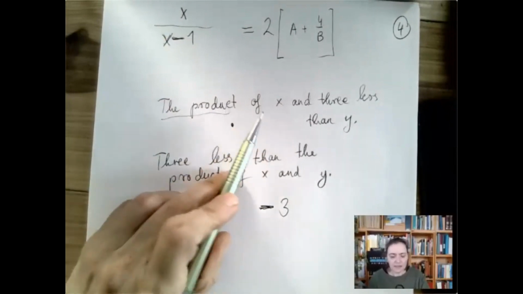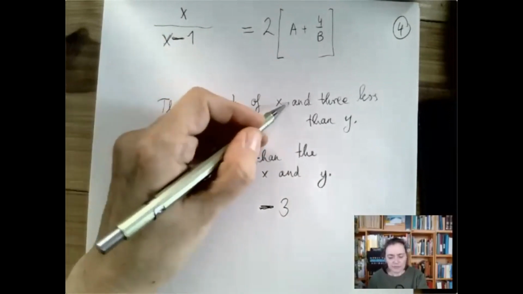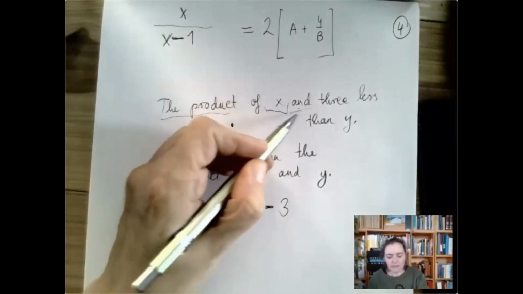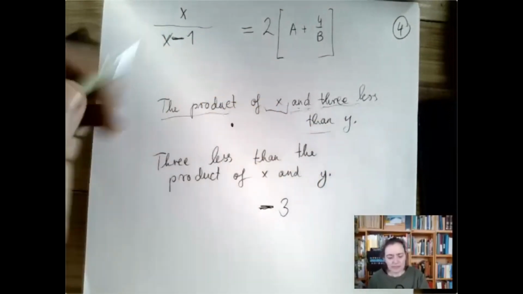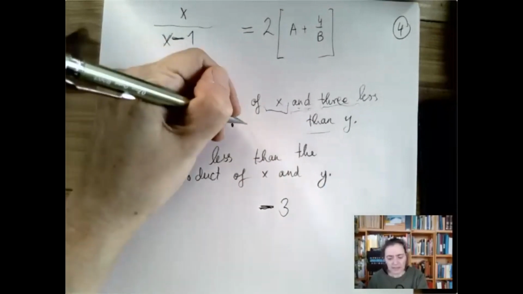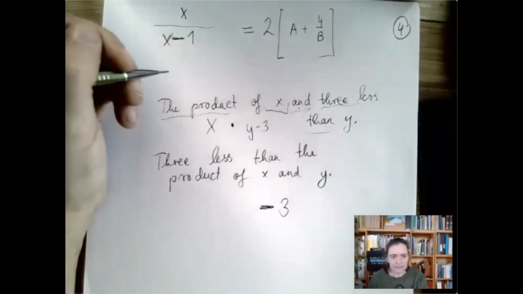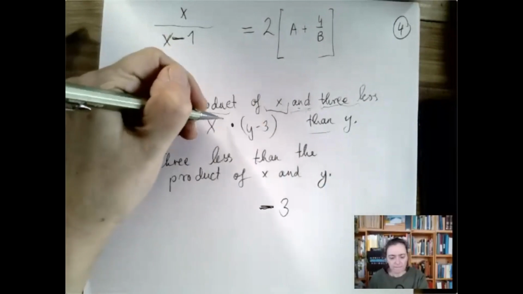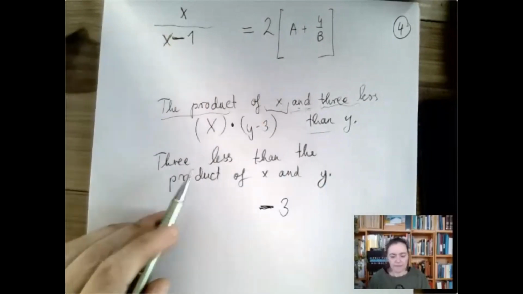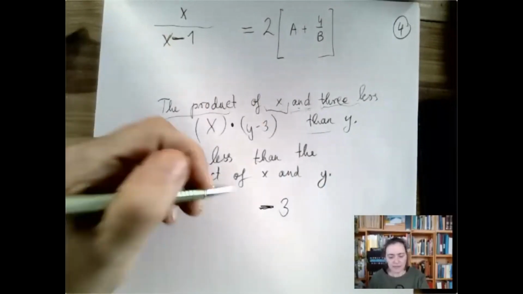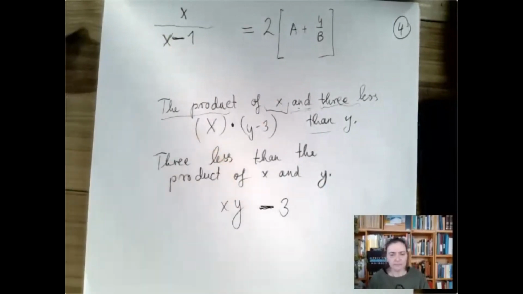And then here, the product of, that word "and" separates it to 3 less than Y. So the product of X and 3 less than Y. And this one is 3 less than the product of X and Y.